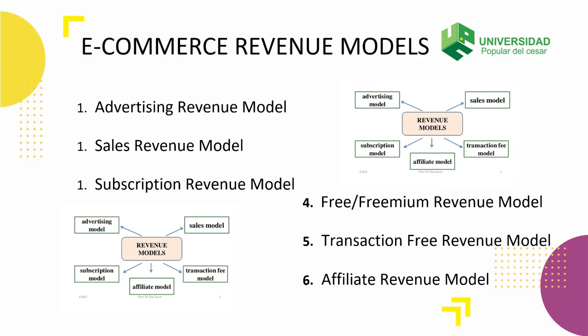6. Affiliate revenue model. With this model, businesses earn revenue just by promoting and selling another person's or company's product on their site, as opposed to the advertising revenue model, which doesn't allow for purchase on the host site. The concept of affiliate marketing is based on revenue sharing.